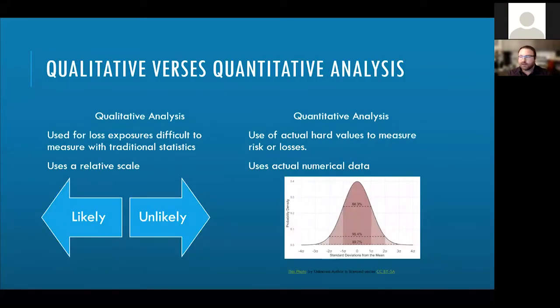So what do we mean by qualitative versus quantitative analysis? Qualitative is for those exposures that are difficult to identify with traditional statistics. With quantitative, we are using hard values and numbers to measure losses. This is like a loss run that risk management provides to employers.